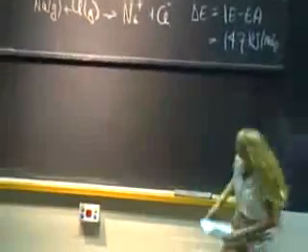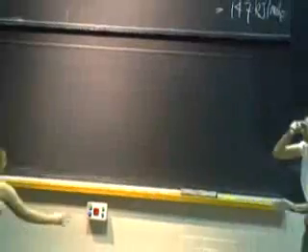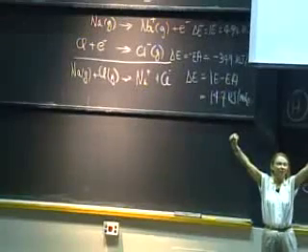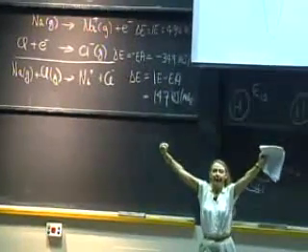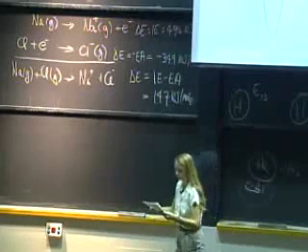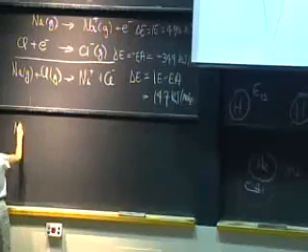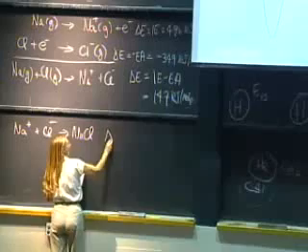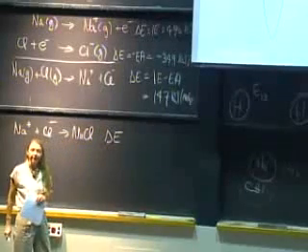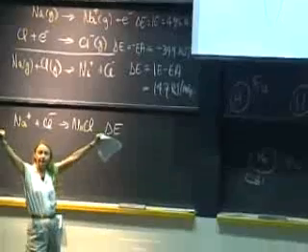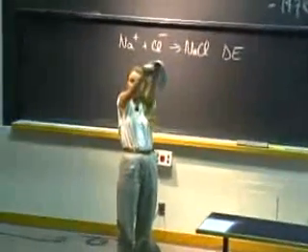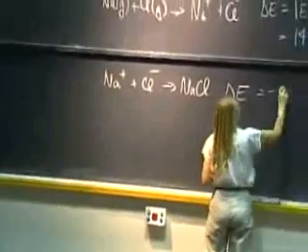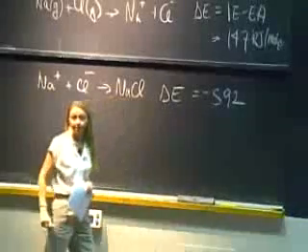Well, we have to remember now that once we make that sodium plus and the chlorine minus, there's that Coulomb interaction. Right? The Coulomb interaction, bringing the sodium ion plus the chlorine ion together to make the sodium chloride, that delta E, that energy change, if I take two ions, sodium and chlorine, in from infinity and bring them together at the bond length, that energy change is minus 592 kilojoules per mole.